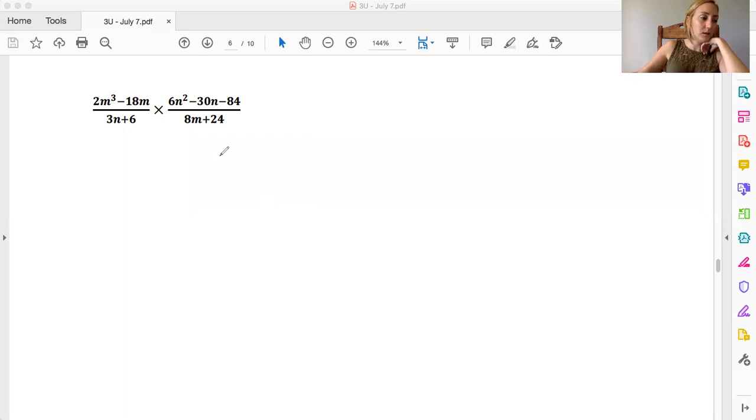Okay, so first thing before we multiply is to factor. So if we look here, this can be factored by a common factor of 2m. So we're left with m squared minus 9, which then can be factored to 2m, m minus 3, m plus 3.